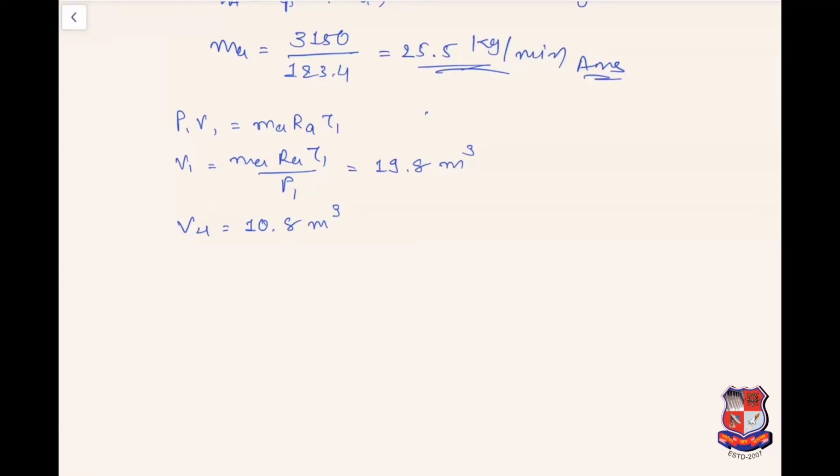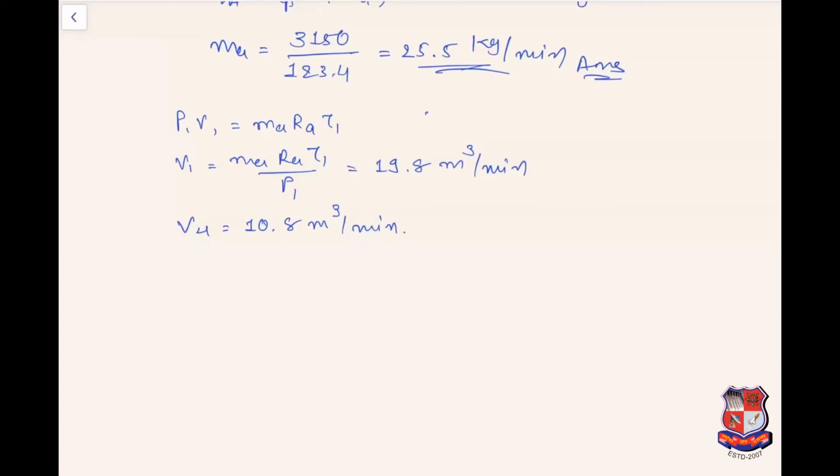So this way we can find V1 and V2. These are the volumes in meter cube per minute for piston displacement, for the compressor and the expander.